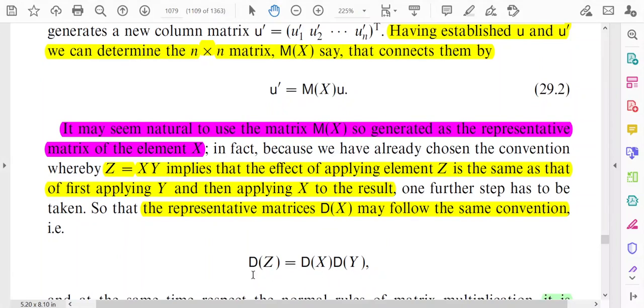What is dz? dz is the representative matrix corresponding to the element z. dx is the representative matrix which corresponds to the element x, and dy is the representative matrix which corresponds to the element y.